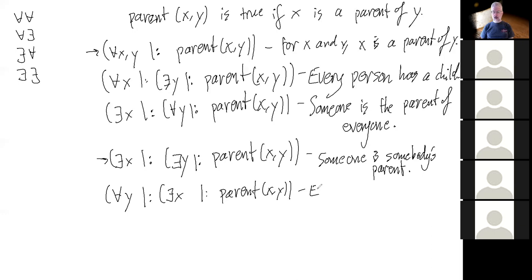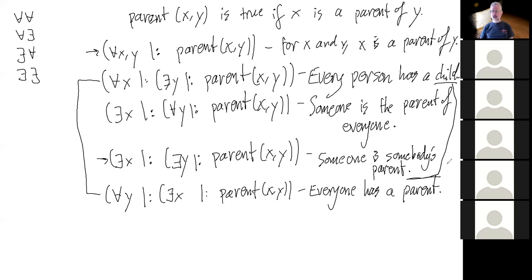So everyone has a parent. So this and this are similar, but they differ in what is being said about every person. Here we're saying every person has a child because the exists is in the child position. Here we're saying every person has a parent because the exists is in the parent position. Does that make sense? Questions?